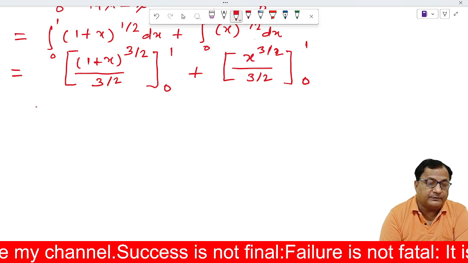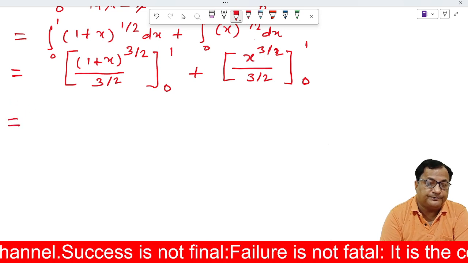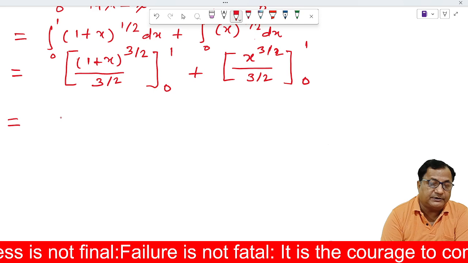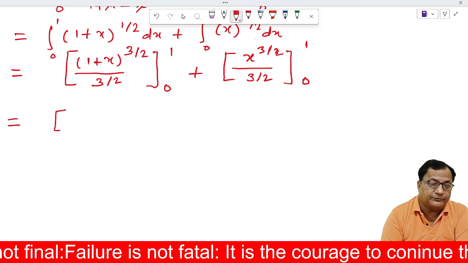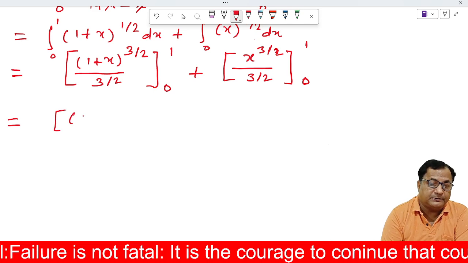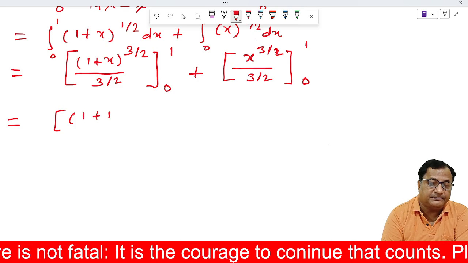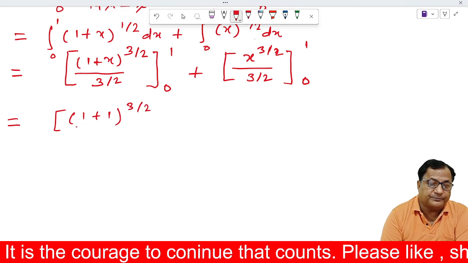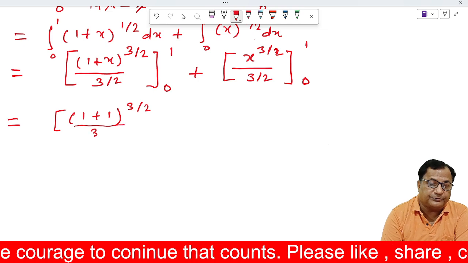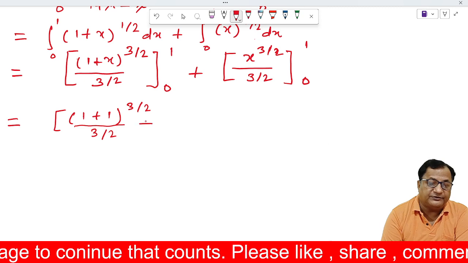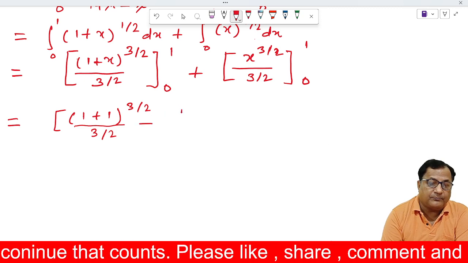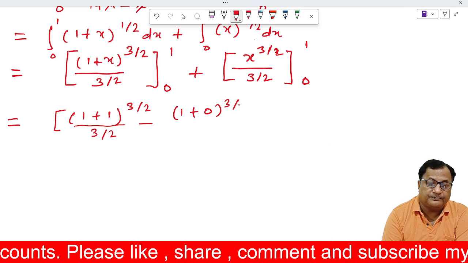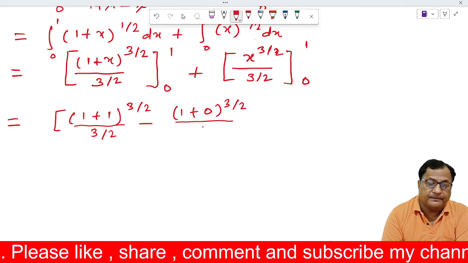See, we'll put the limit. We will put 1 here, so (1 plus 1) to the power 3/2 divided by 3/2, minus (1 plus 0) to the power 3/2 divided by 3/2.